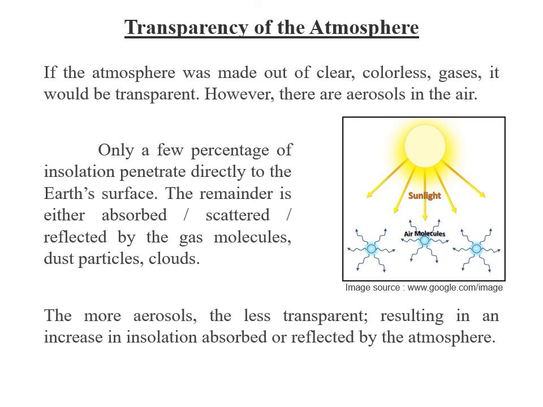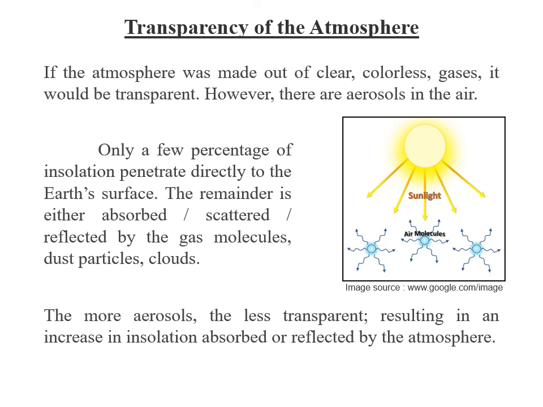The last factor for which the insolation varies is the transparency of the atmosphere. Now, once incoming solar radiation enters the atmosphere, it is subjected to a series of changes before reaching the Earth surface. What are the changes?